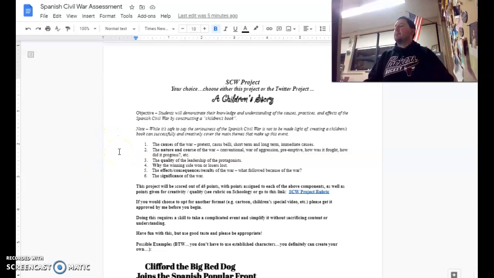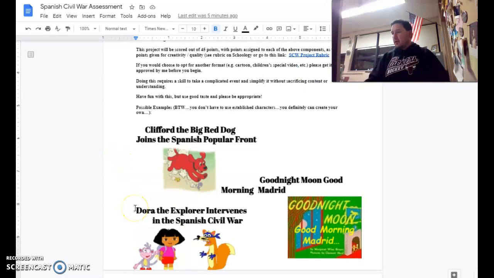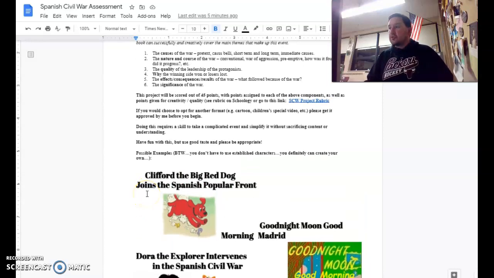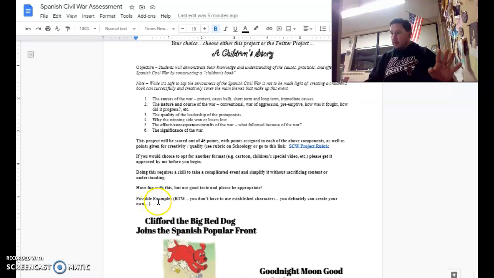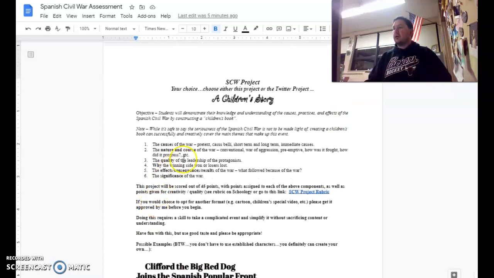The things to copy within this children's story, and you can write your own, or you can use a format of characters, like these are some things that have been done in the past. Dora the Explorer, Clifford, or Goodnight Moon, whatever. You can certainly do that, or you can completely write your own. I don't necessarily care.